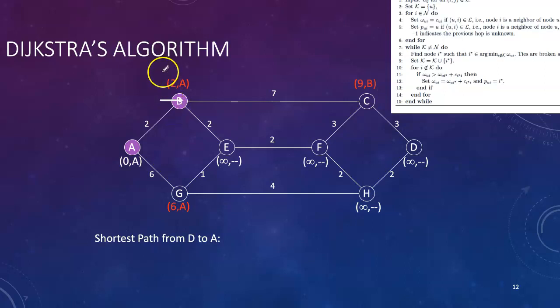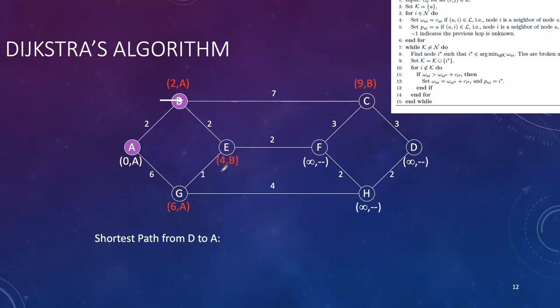Now that B is included in kappa, the weight of C can be updated as 2 plus 7, 9, where the previous hop neighbor is B. Similarly, we can update the weight of E to 2 plus 2, 4. And this is it for this iteration.